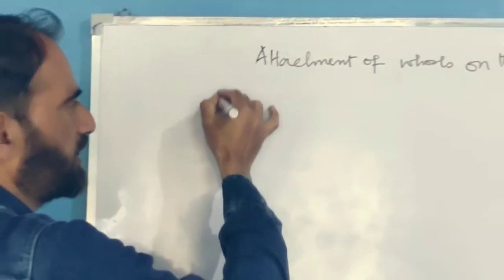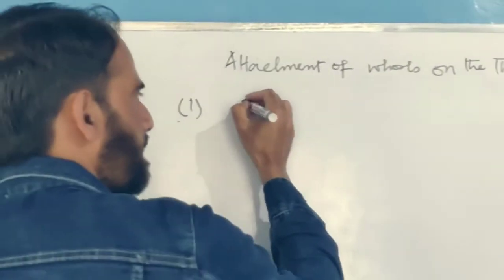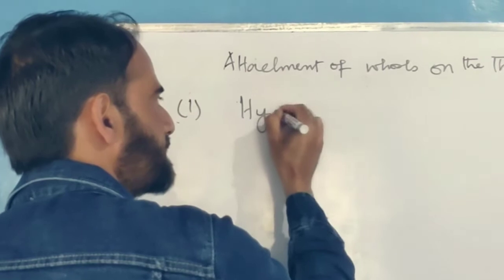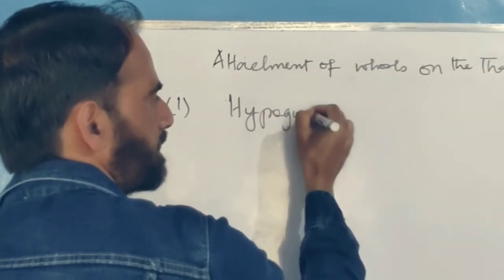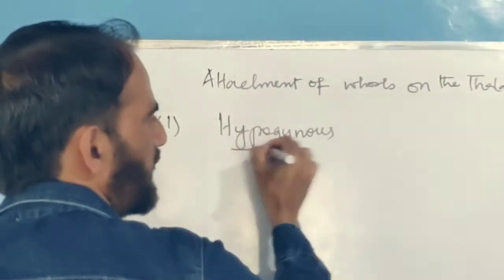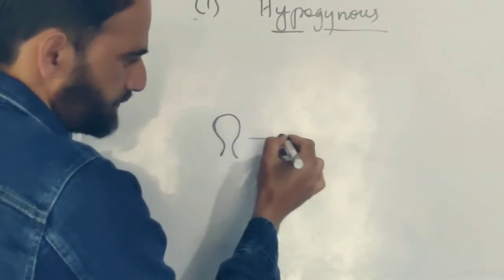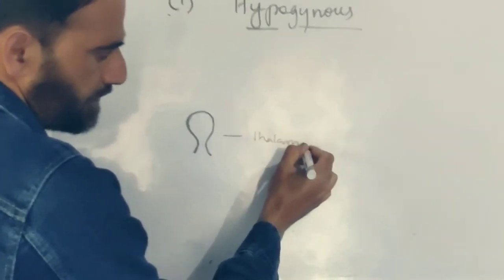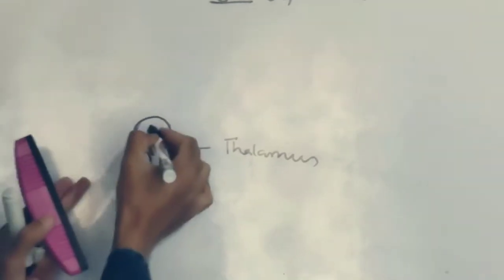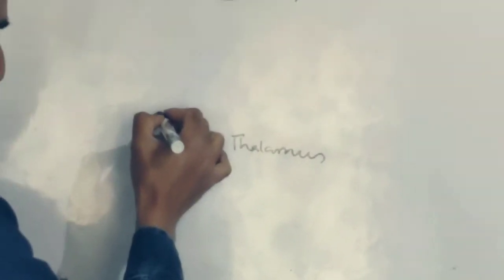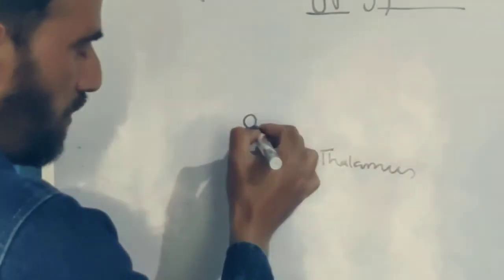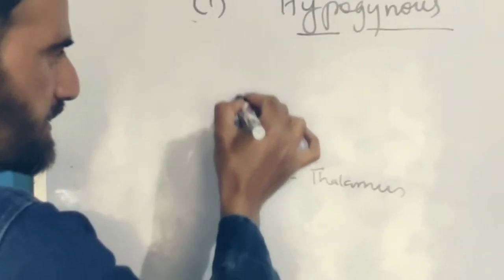So number one is hypogynous. What is a hypogynous flower? Here, this is the thalamus. From the thalamus, the ovary is arising here from the top of the thalamus.